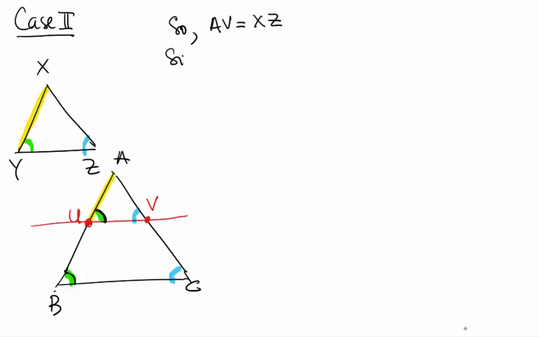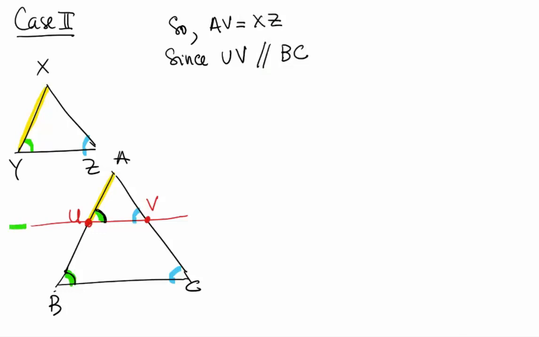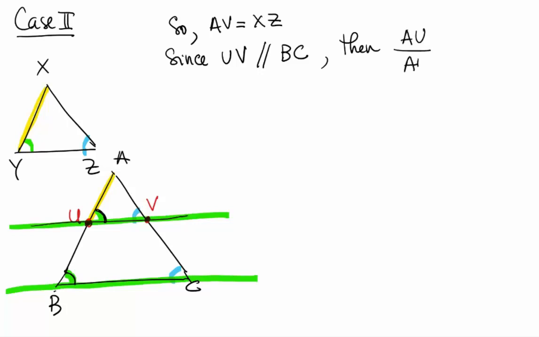Now, since UV is parallel to BC, we know that AU over AB is equal to AV over AC.